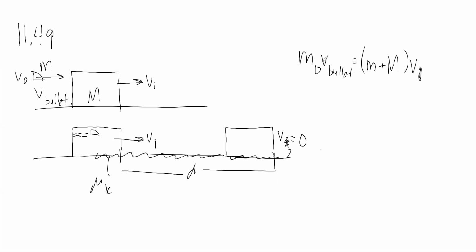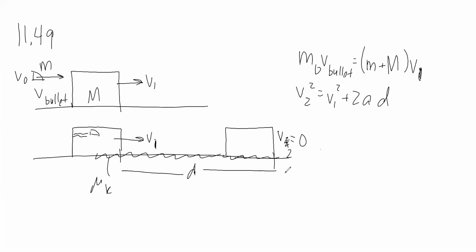So if you knew the initial velocity of the bullet, you do this problem, divide by the sum of the masses to get the launch velocity, or the V sub 1, and then do kinematics to figure out the distance, which would be V2 squared equals V1 squared plus 2a times d.